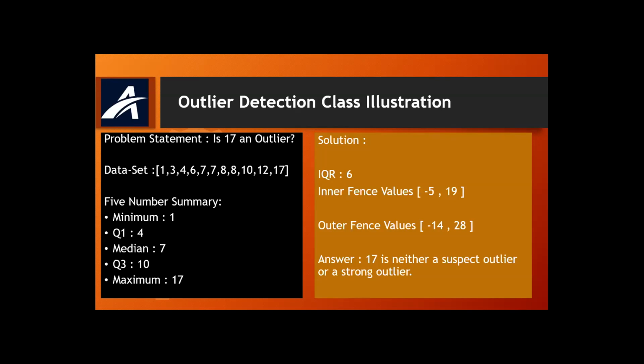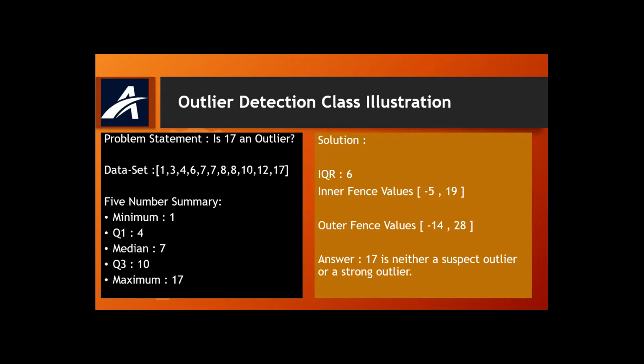See, 4 is this one. Remember the Q1. So we need to get the range. Which number on this side will create the lowest bound? So 4 minus 9 is negative 5. So we get our lower bound as negative 5. And on this side, the Q3 was 10.